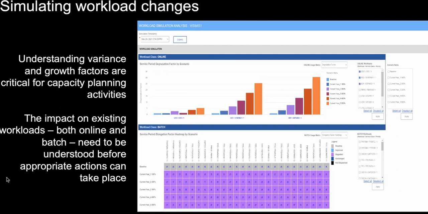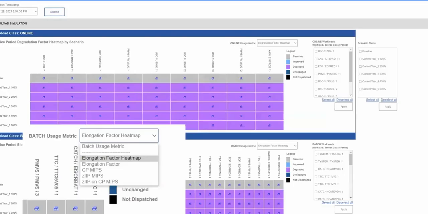So just to show you a little bit more detail here, an example of some reports, we've got a heat map here of how both online and batch workloads have been calculated. So we apply different levels of growth into that system, and the heat map will tell you where things are being degraded.